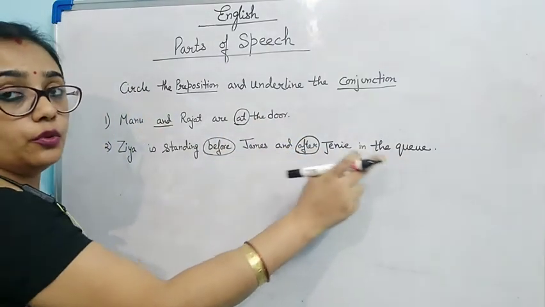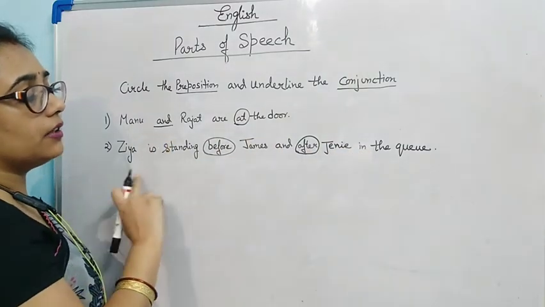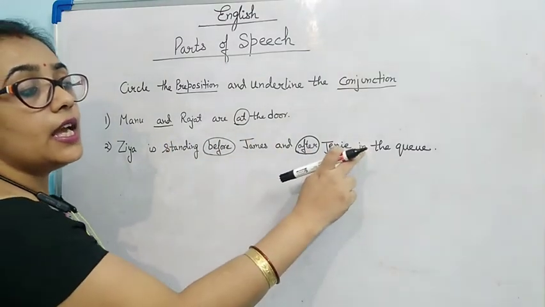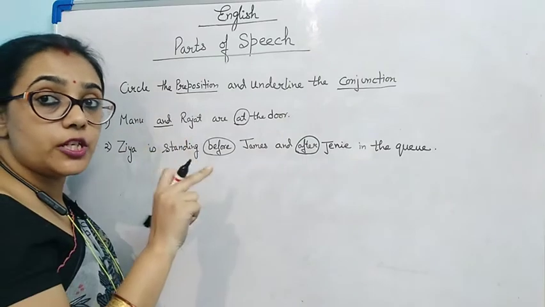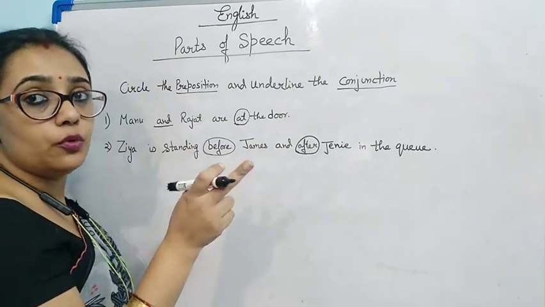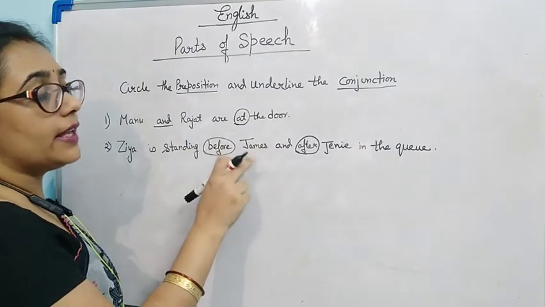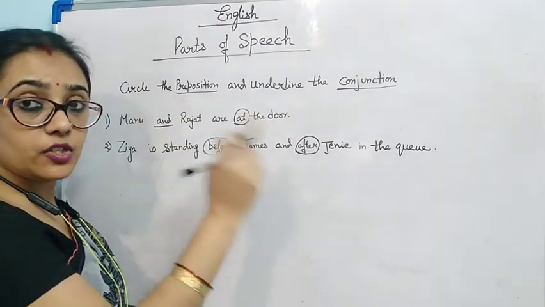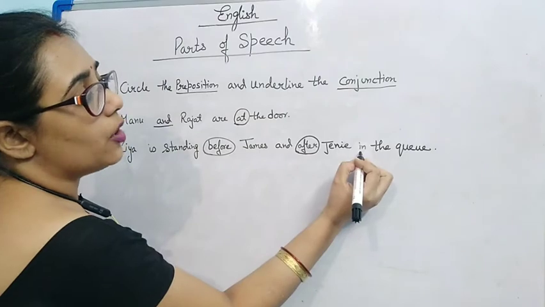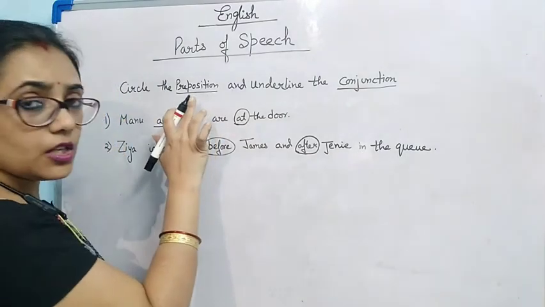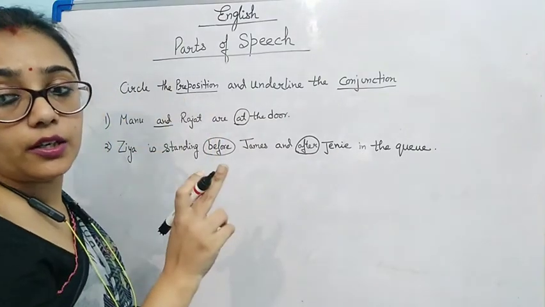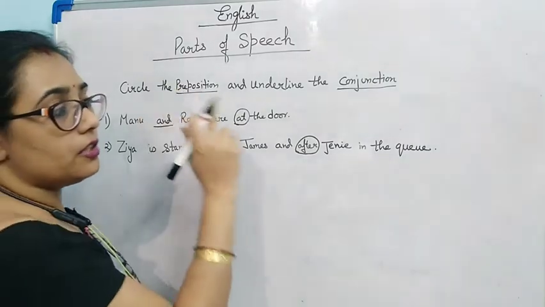In the queue. Where she is standing? She is standing in the queue. The position is where? In the queue. The position of Zia is before James and after Jenny. So, in is what? In is showing the position.